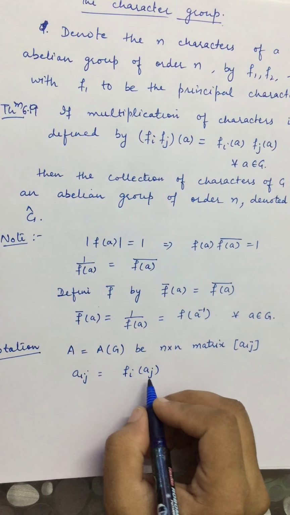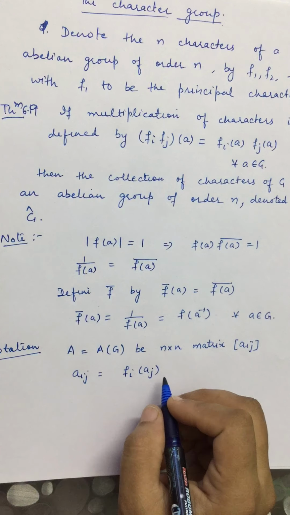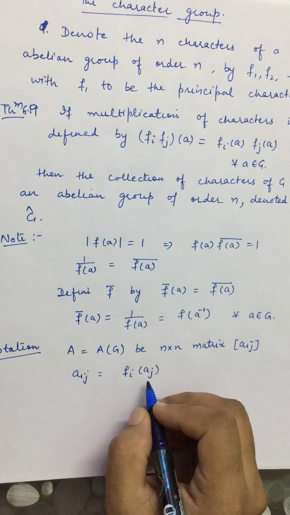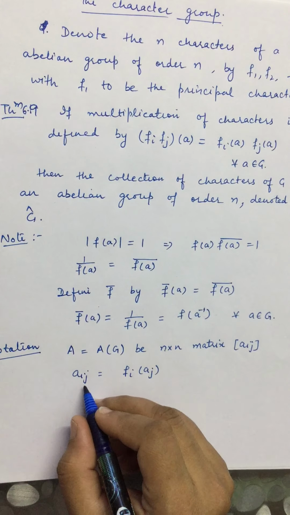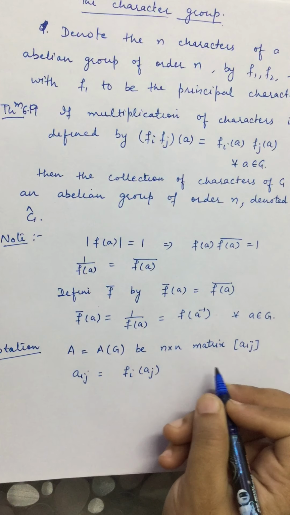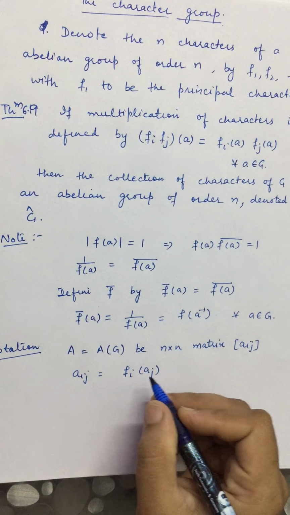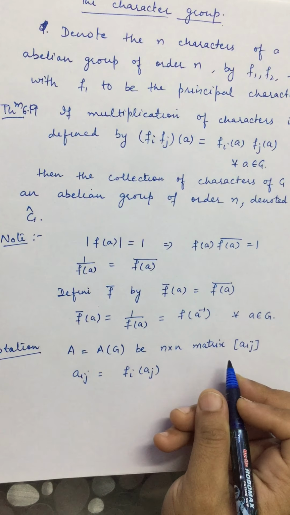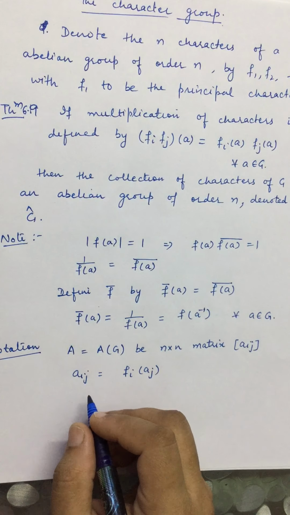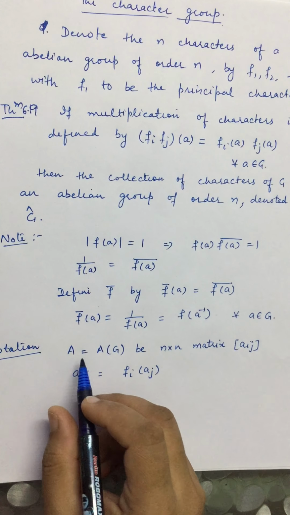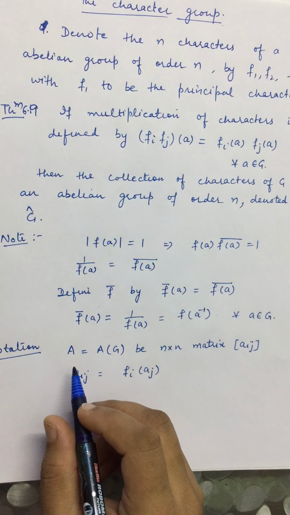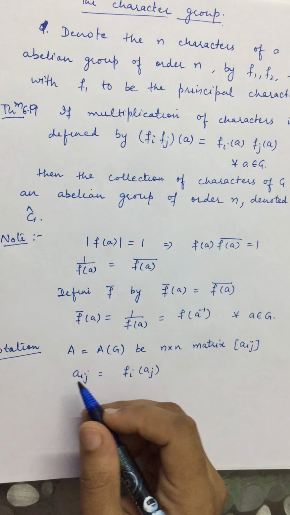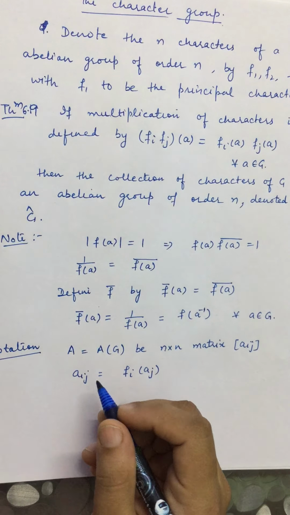Because we are assuming a1, a2, ..., an are elements of G, and f1, f2, ..., fn are characters. So fi at aj will be denoted by Aij, and we will make a matrix A by these elements Aij. Now we'll prove that this matrix A has an inverse, and then we will use this fact to deduce the orthogonality relations for characters.